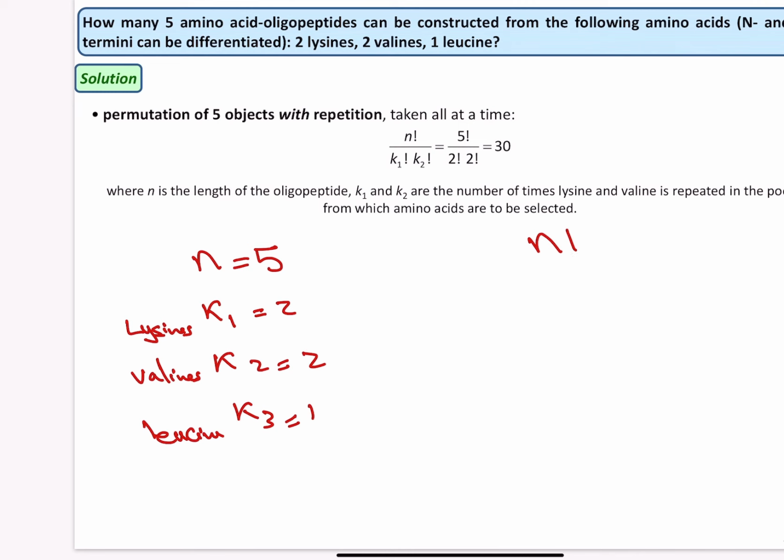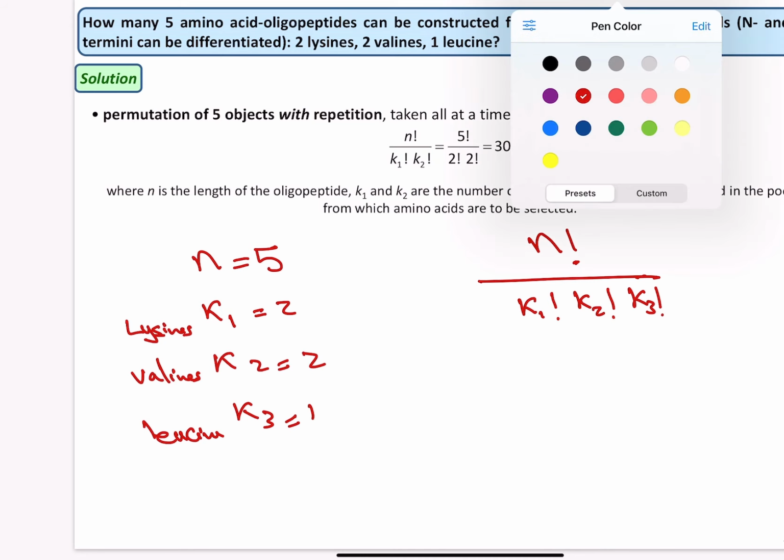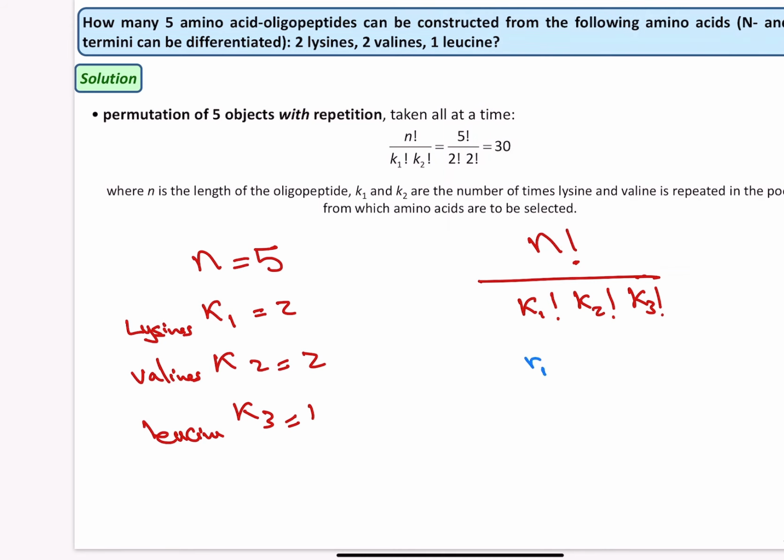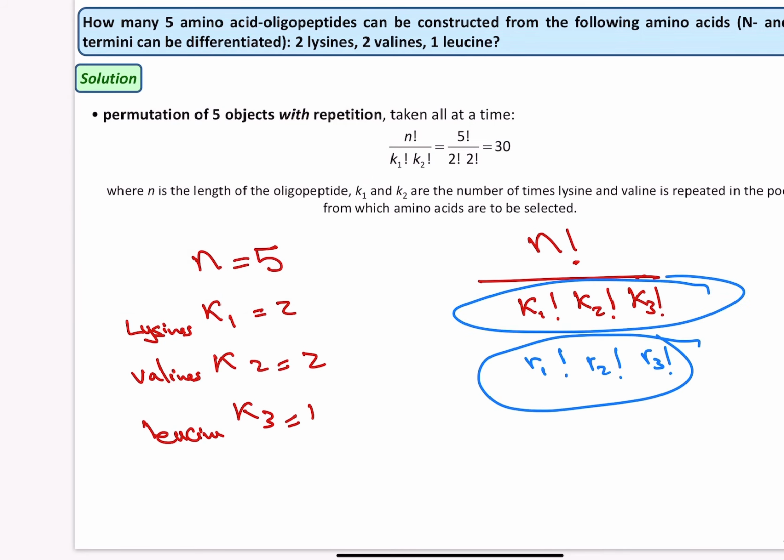But because we have repetition, it has to be divided by k1 factorial, k2 factorial, k3 factorial, and so on, or r1 factorial, r2 factorial, r3 factorial. It depends; you can write it any way you want, so as not to confuse.